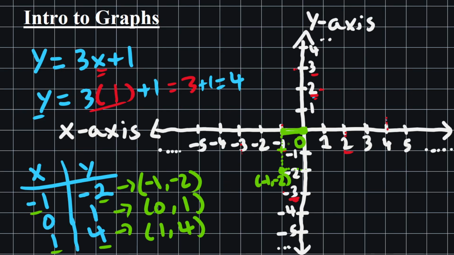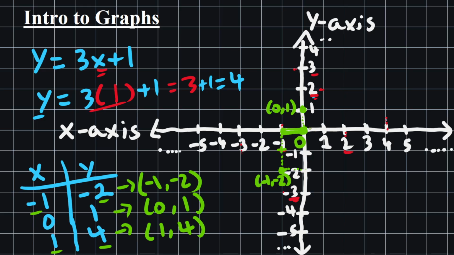Now let's plot 0, 1. So 0 is the x. So we don't move at all because we're already at 0. And now for y, we're going to go up by 1. So right here is 0, 1. And what's our next one? 1, 4.